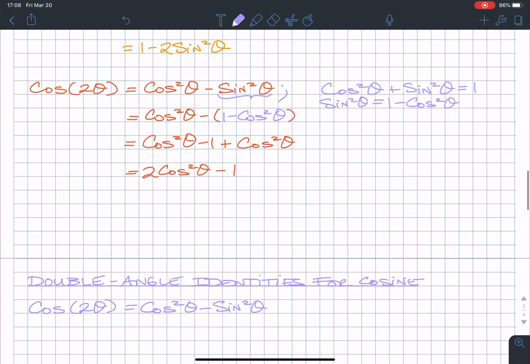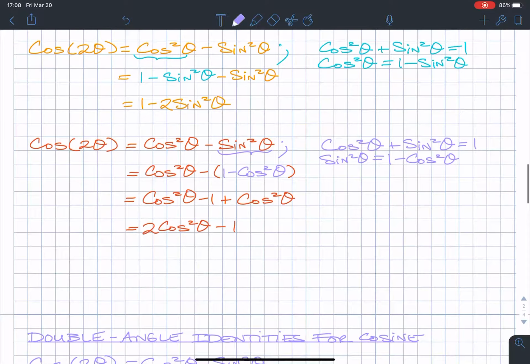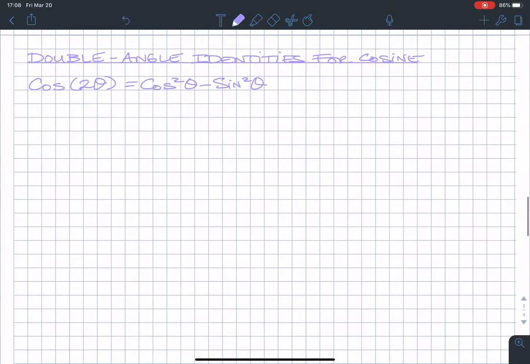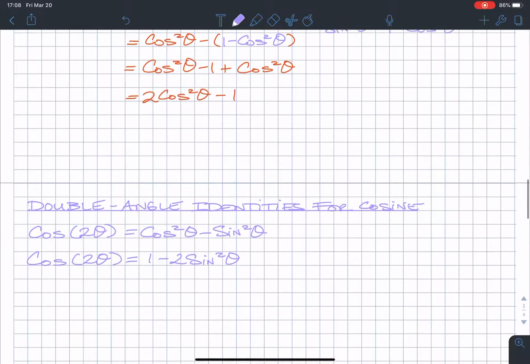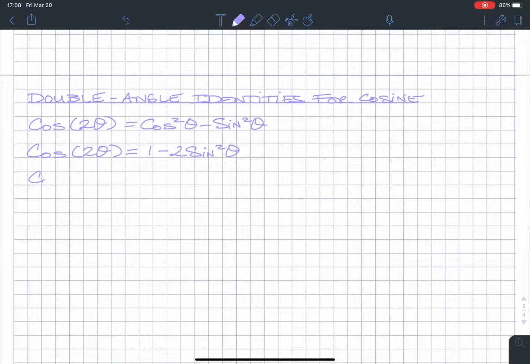However, we just showed that cosine of 2 theta can also be written as 1 minus 2 sine squared theta. And then we showed after that cosine of 2 theta can be written as 2 cosine squared theta minus 1. So we have 3 double angle identities for cosine.